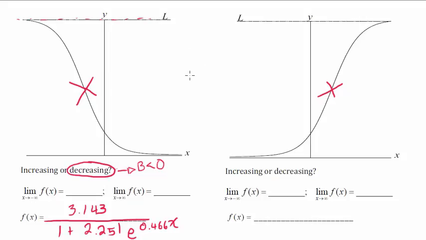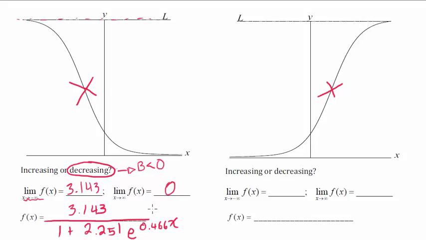But now I know what that limiting value is. It's the numerator. So when I go to the left forever, that's what this piece is telling me, I'm getting really, really close to 3.143. Okay, then when I go to the right forever, I'm getting really, really, really close to the x-axis, or 0.